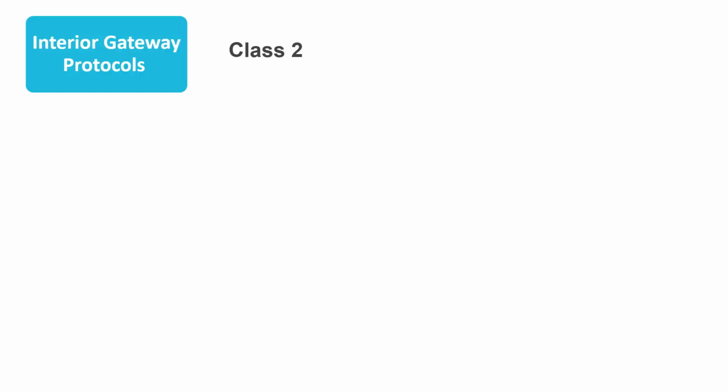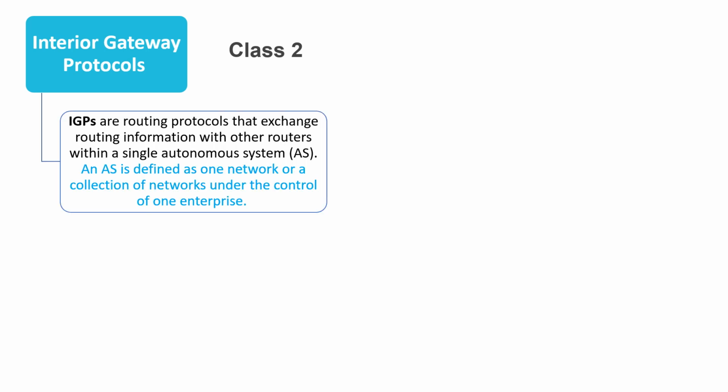And next is the class 2 protocols, that is interior gateway protocols and exterior gateway protocols. First we can see the interior gateway protocols. These exchange routing information with other routers within a single autonomous system. An autonomous system is defined as a network or a collection of networks under the control of one enterprise.